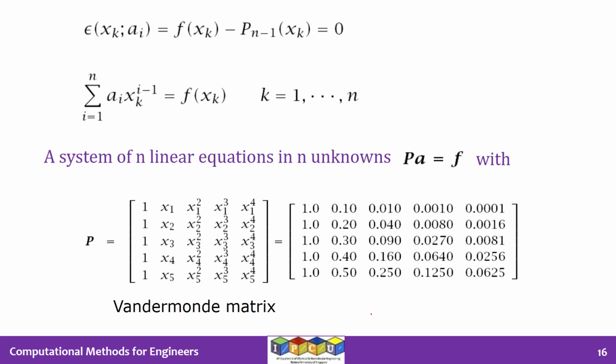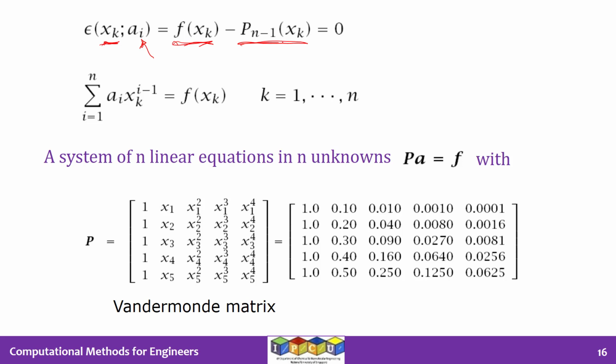So now the error at x_k, k going from 1 to 5, and a_i's, i is equal to 1, 2, 3, 4, 5. So there are 5 parameters. So the error at each experimental point, and the error is also a function of the parameters that are yet to be determined, is nothing but the f value, the true value of the function at those points, minus the value provided by our polynomial.